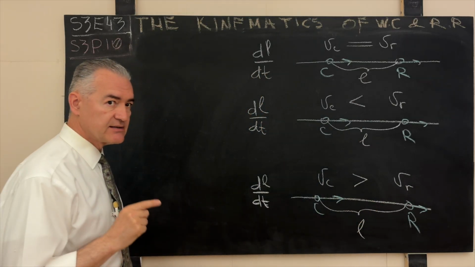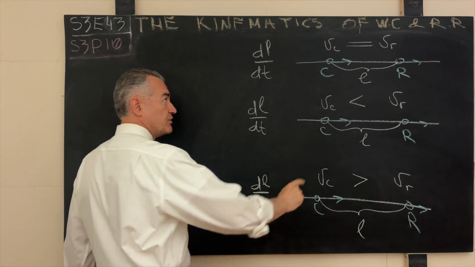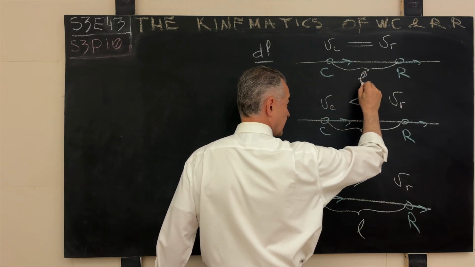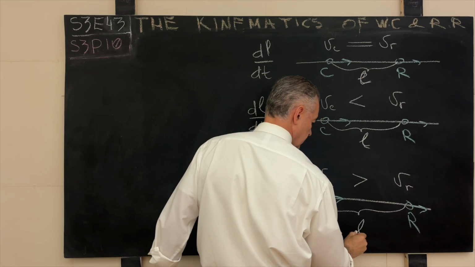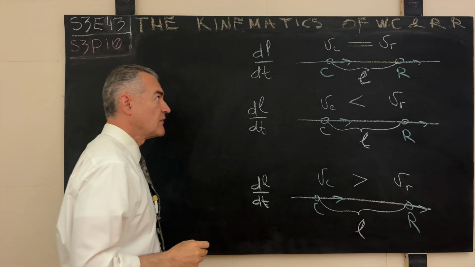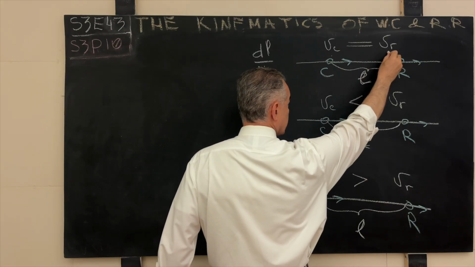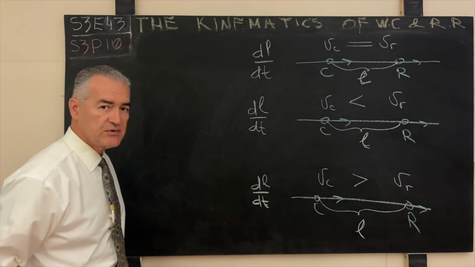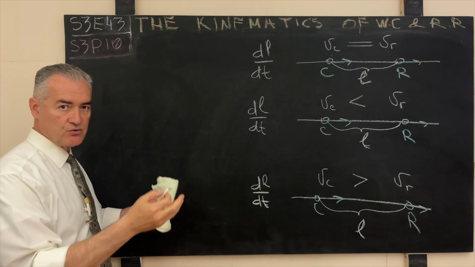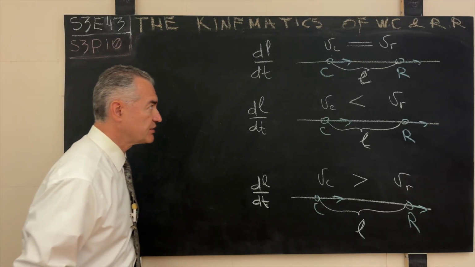We will designate the linear distance between the points C and R with the lowercase l. In the first case, the velocity of the chaser is the same as the velocity of the runner. So the game is this. I will ask you a question and you tell me what the answer is.